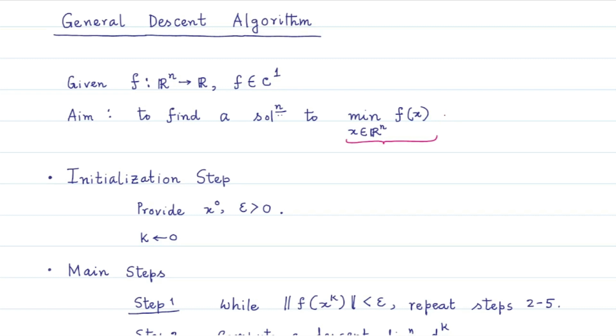To find a solution, we start our process by providing an initial point x naught and a tolerance level epsilon for the equation grad f(x) equal to 0. Then we initialize the iteration counter k to be equal to 0 and move to the main steps.